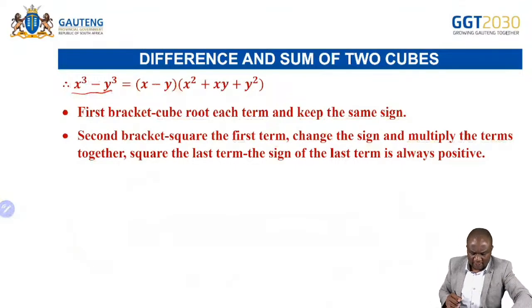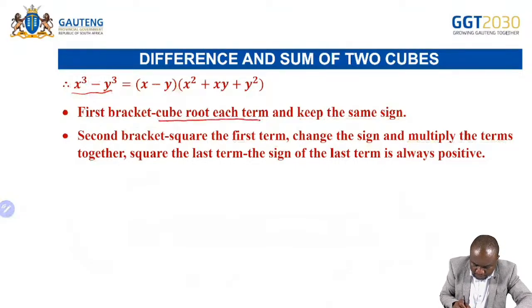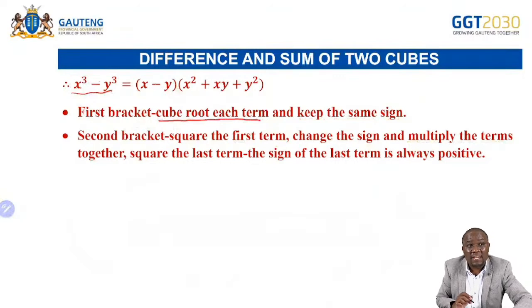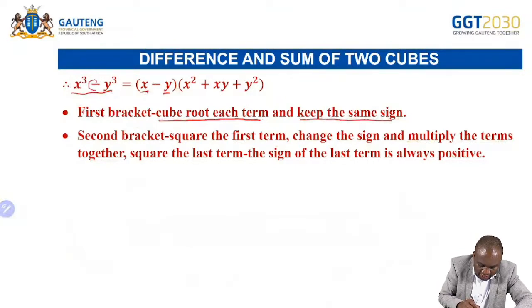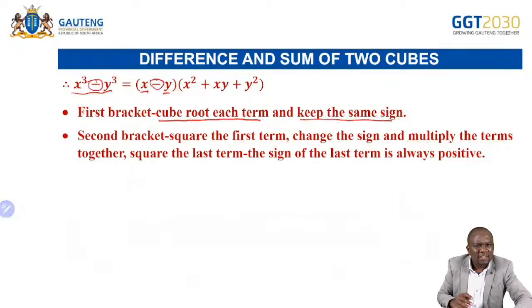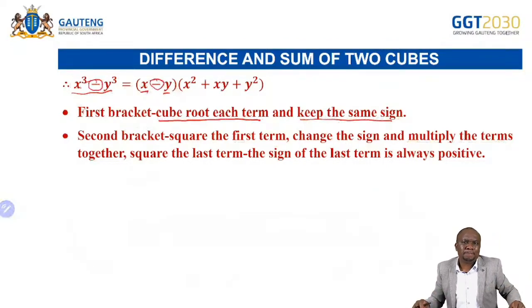Right. Now, the first bracket, cube root each term. The cube root of x cubed is x, the cube root of y cubed is y. That's why we have x and y there. Keep the sign. It is minus here, it is minus there. That's the first bracket. Let's go to the second bracket. Same thing.